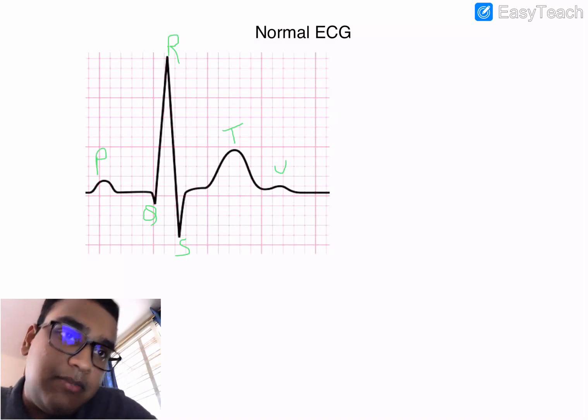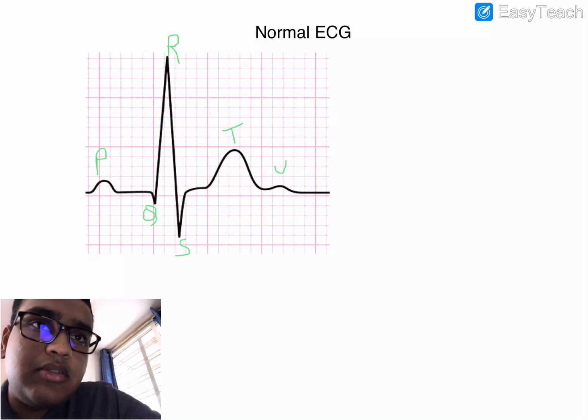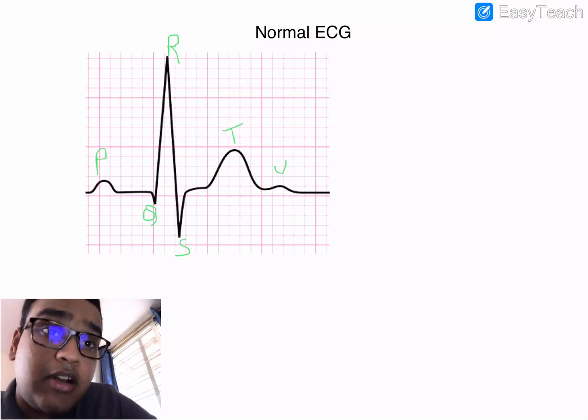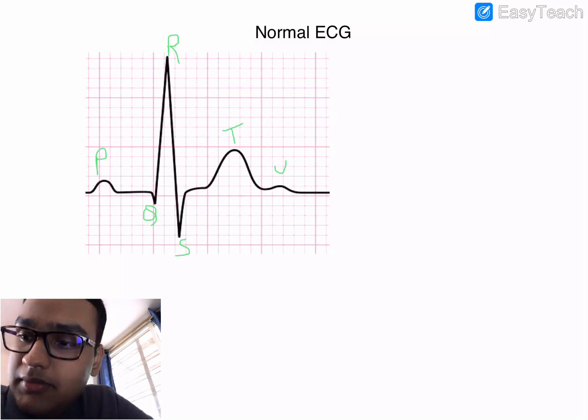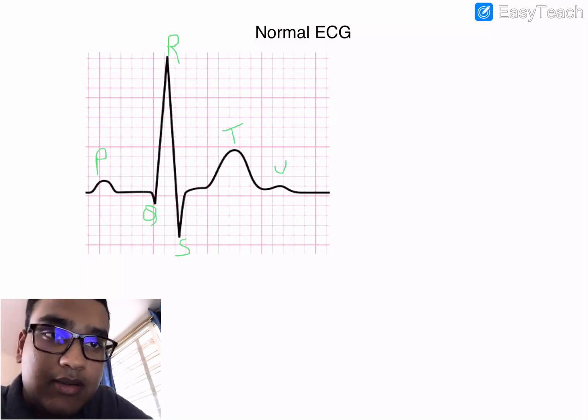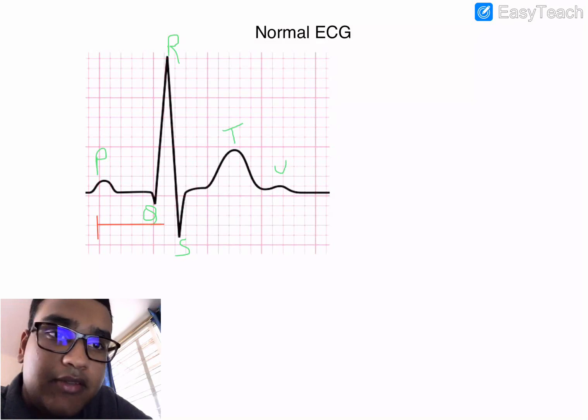So this is the basic idea behind the ECG, and the important thing to know here is what the different components and segments of this ECG are. You have to know something known as the PR segment. The PR segment would be from the end of the P wave to the beginning of the R wave here.